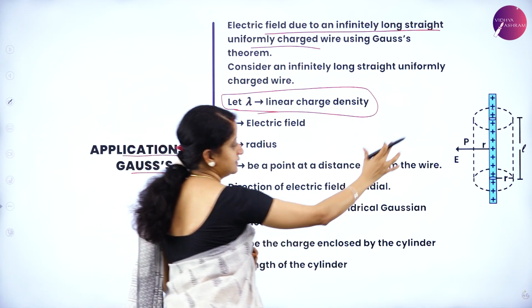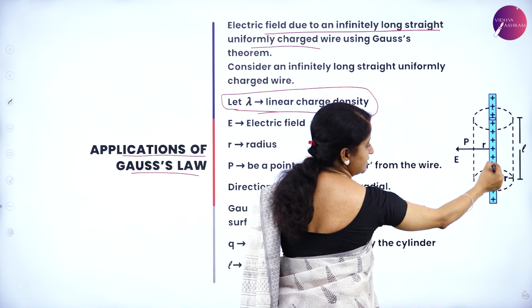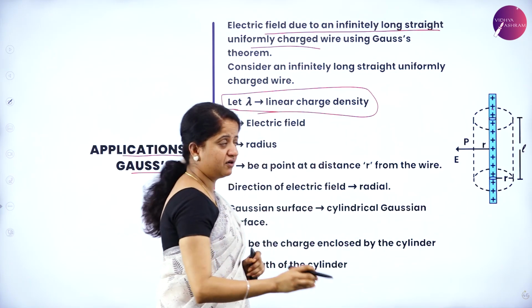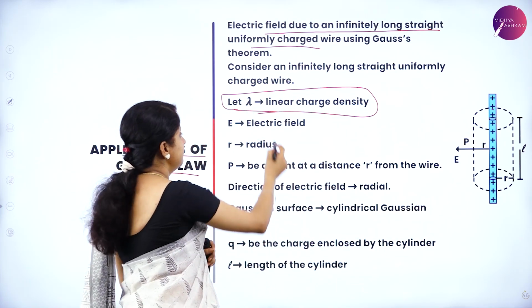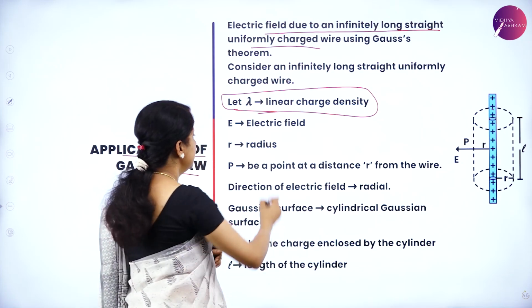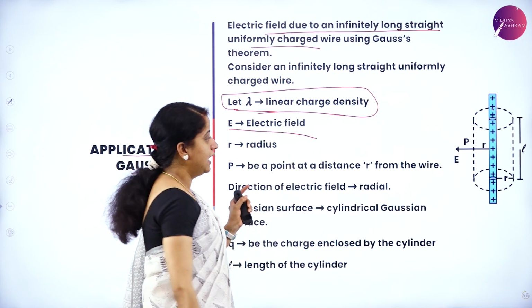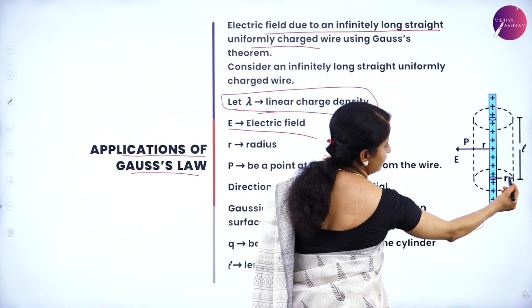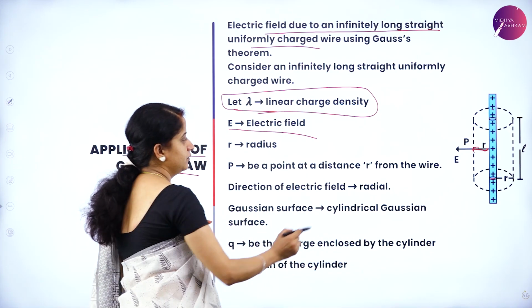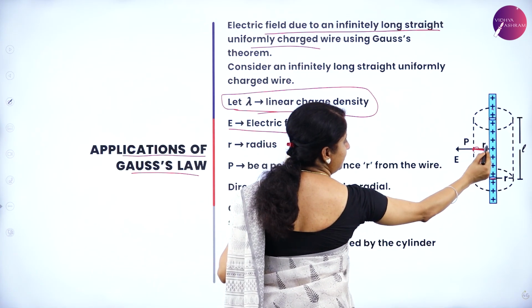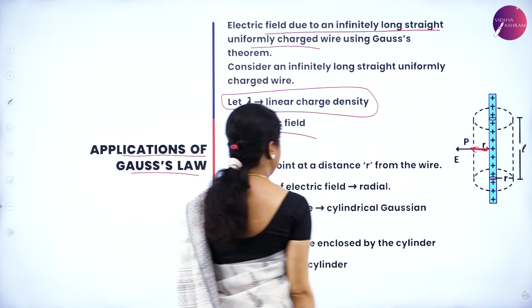In this diagram, the plus signs are the charges on the uniformly charged wire. Lambda is the linear charge density and E is the electric field. R is the radius of this surface. And what is P here? P is a point which is at a distance R from the wire.